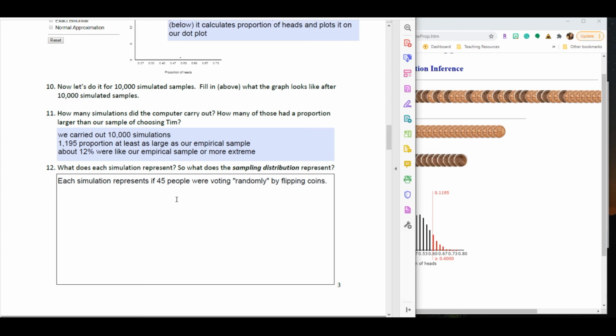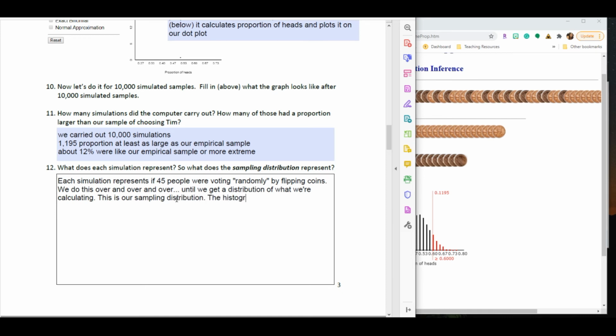So we do this over and over until we get a distribution of what we're calculating. This is our sampling distribution.